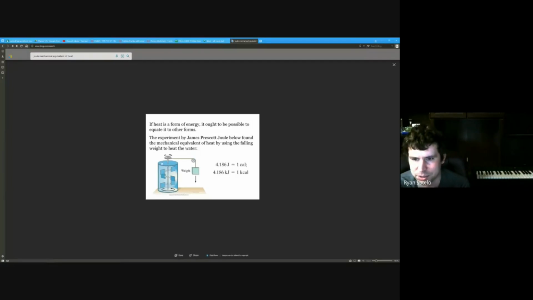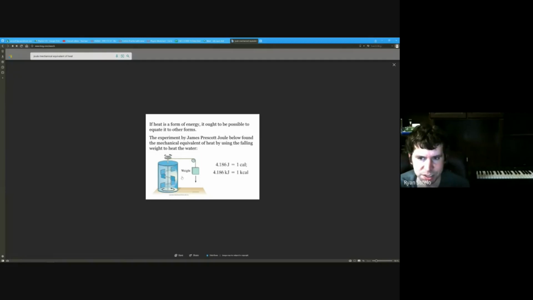So he had some sort of little system in this tank with a thermometer, obviously, and he could take a weight and drop it, causing a certain amount of mechanical energy. We haven't talked about calculating that yet, but he could calculate how much energy he put into the system.